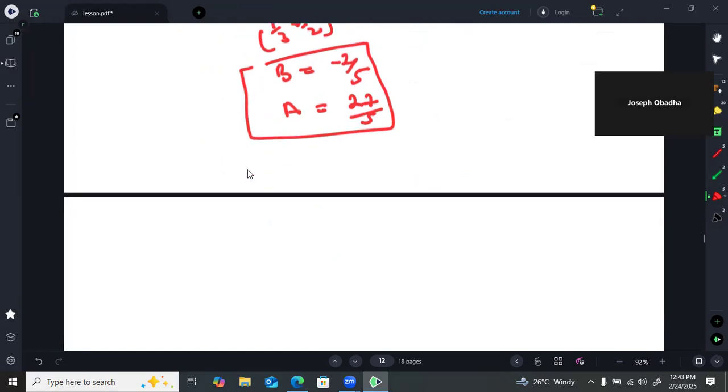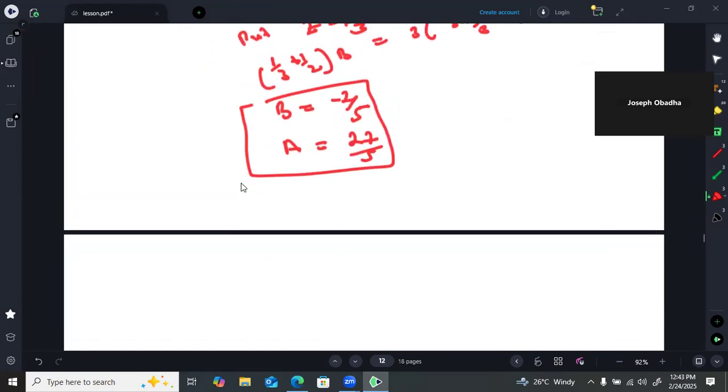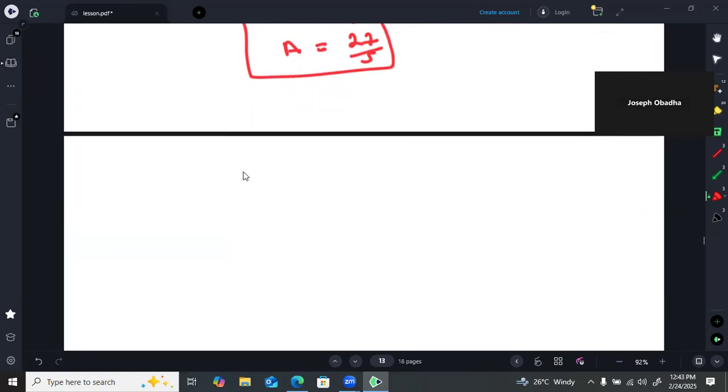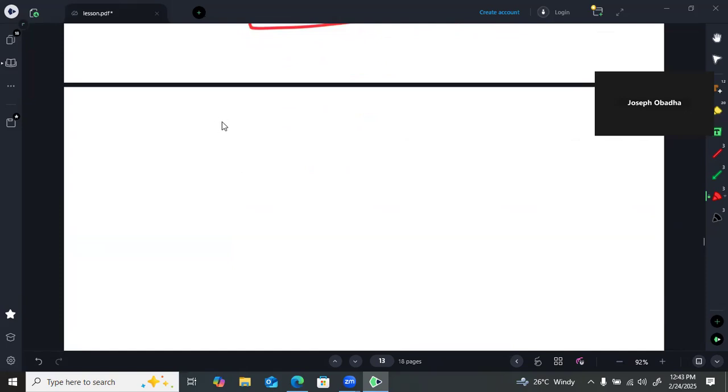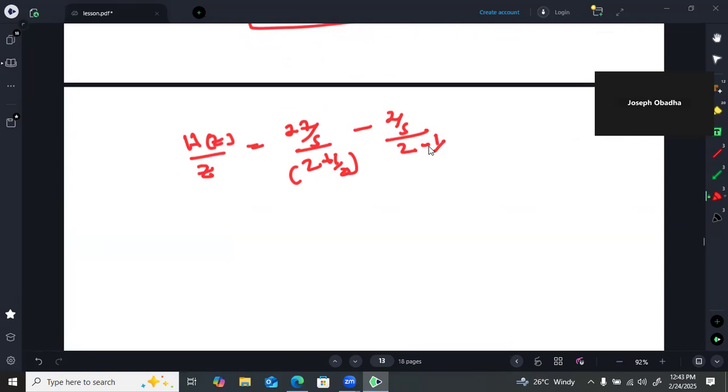This means that if we substitute them back, we'll have H(z) over z equal to (27/5) over (z plus 1/2) plus (minus 2/5) over (z minus 1/3).